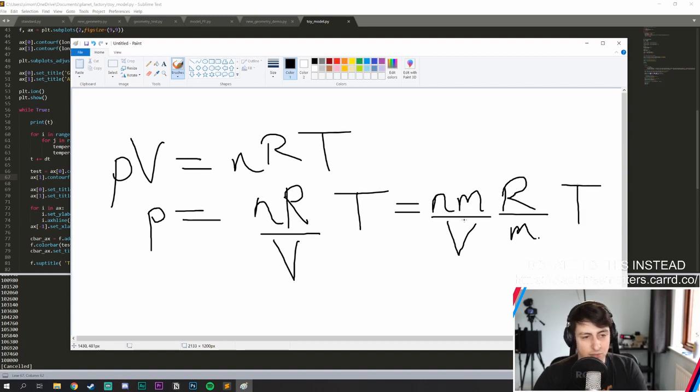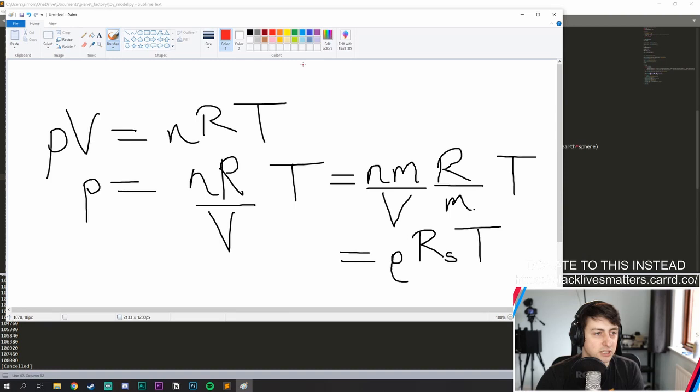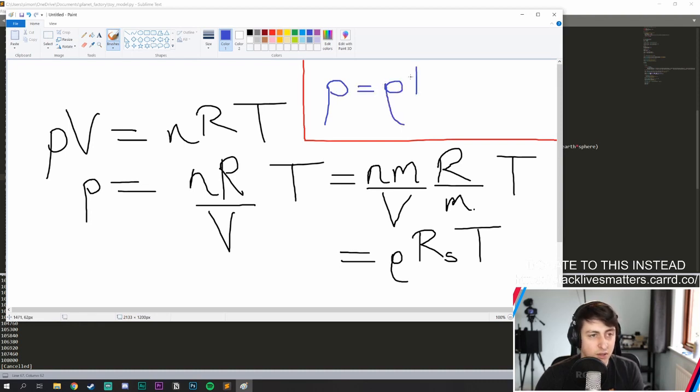This then becomes the density, and we call this term the specific gas constant. The version of the equation of state that atmospheric scientists normally use is that the pressure at a point in the atmosphere is equal to the density of the gas there multiplied by the specific gas constant multiplied by T.